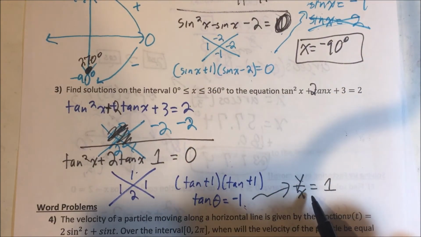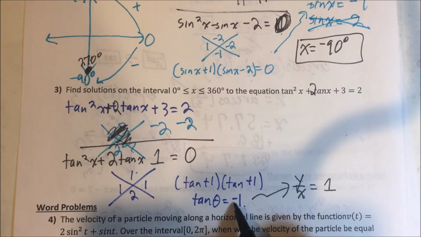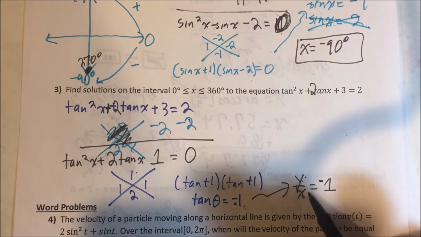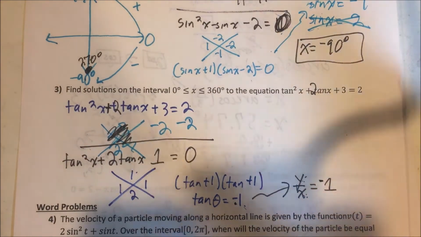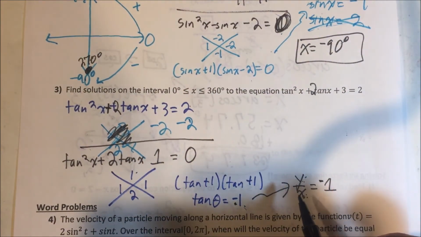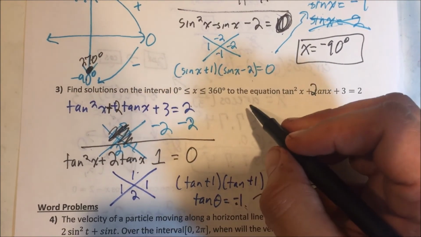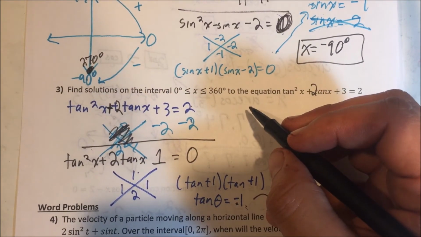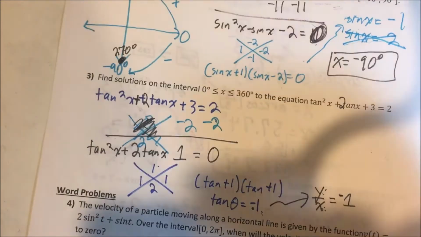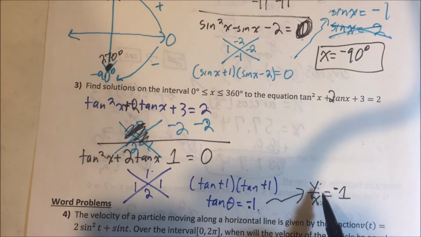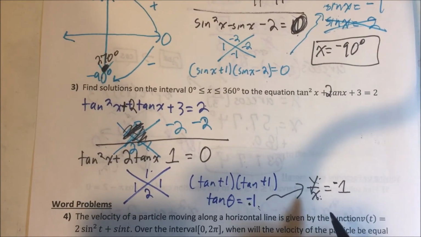Where they're the exact same. Well, not quite the exact same, because there's negative. So we actually want to look for y and x where they are opposite signs. And so most of you might pick 45 degrees because that is where they're both equivalent. But the problem is that that's not quite correct because one of them has to be negative and one of them has to be positive.